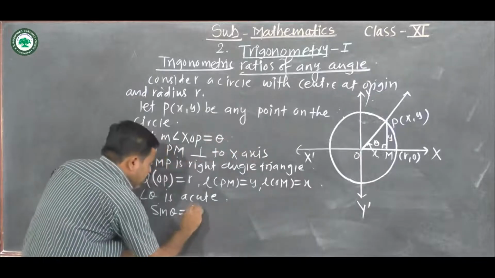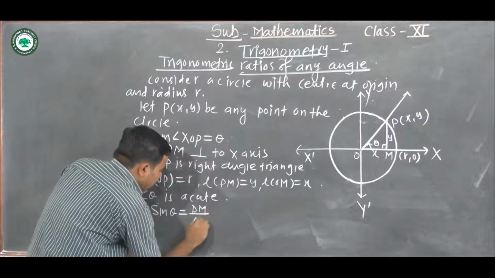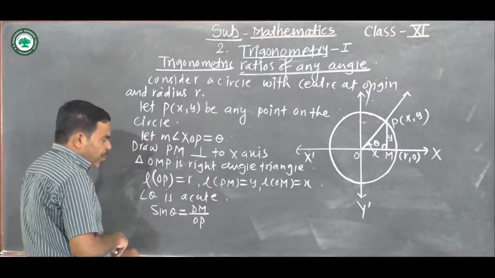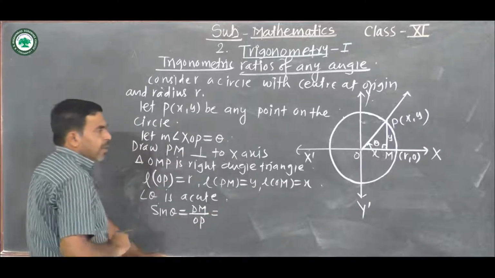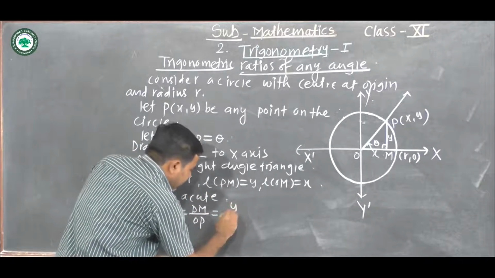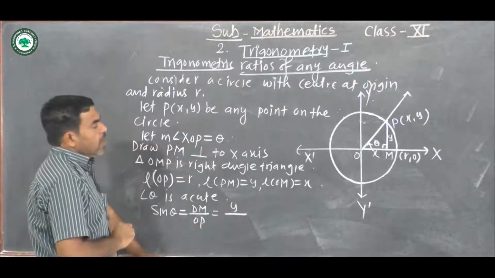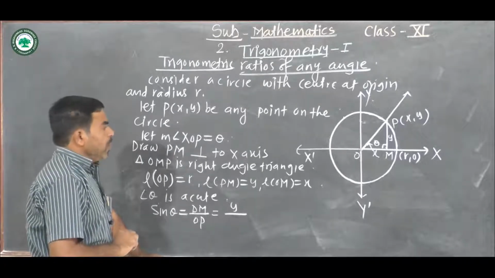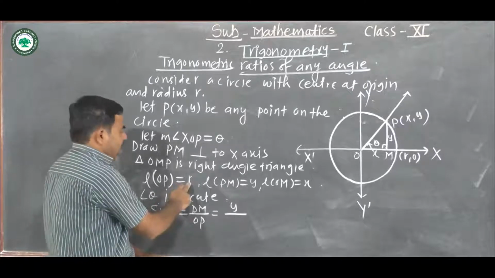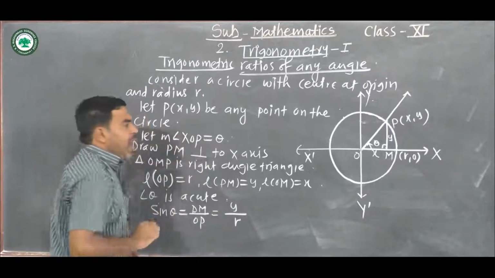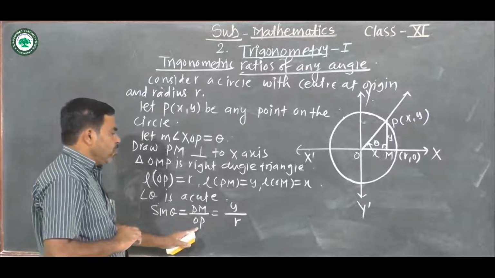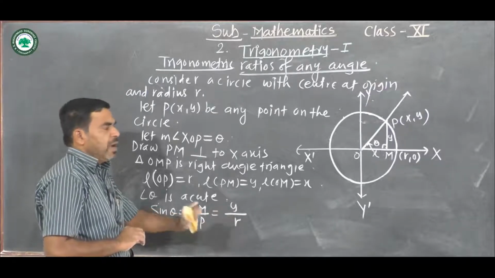So it is equal to PM divided by OP, which is y divided by R. So sine theta is equal to PM divided by OP, which is equal to y divided by r.